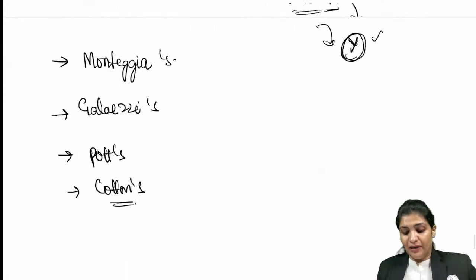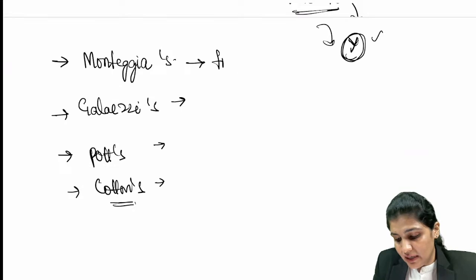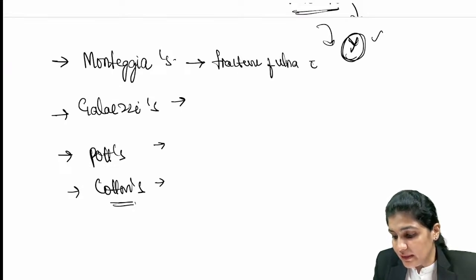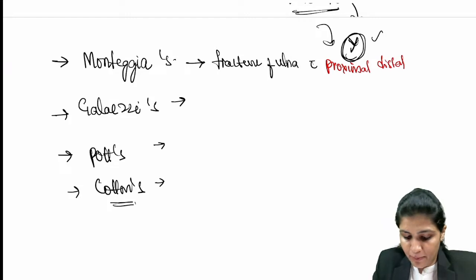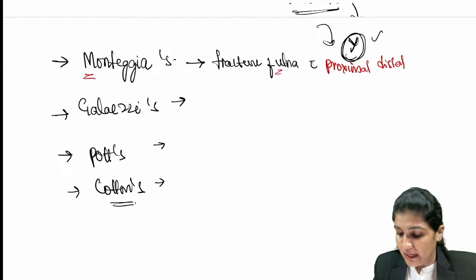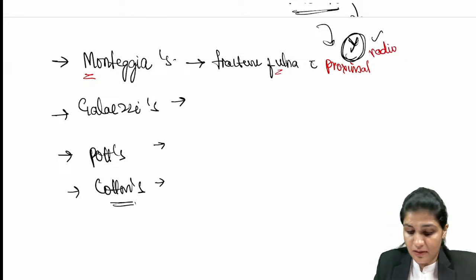So now coming to the Monteggia's and Galeazzi's. Monteggia fracture is the fracture of the ulna with the proximal radio-ulnar joint. So remember M for medial, that is the ulna, and proximal radio-ulnar joint, right?